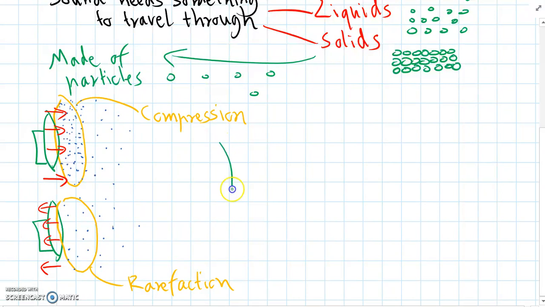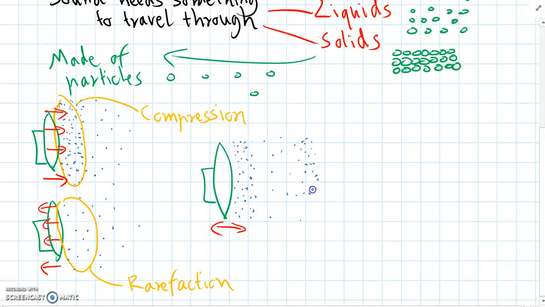So the result of this is the speaker vibrates back and forwards really quickly, and it causes alternating compressions and rarefactions. So here is our first compression, then it alternates with a rarefaction, then we have another compression, and another rarefaction, and so on.